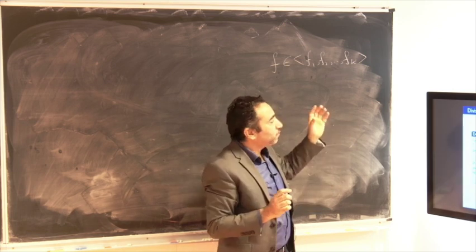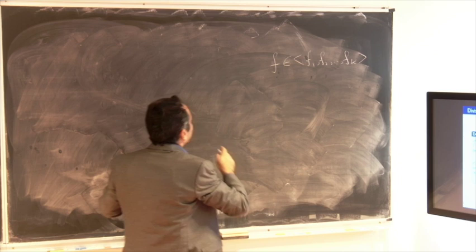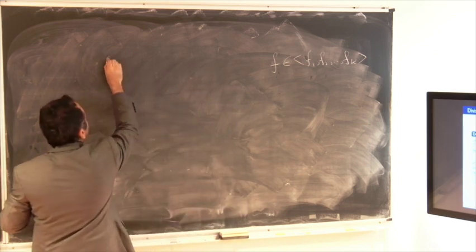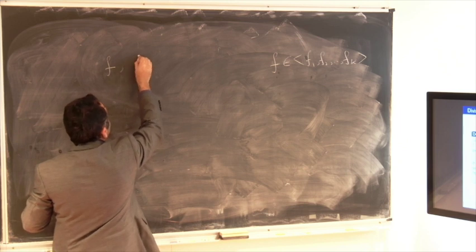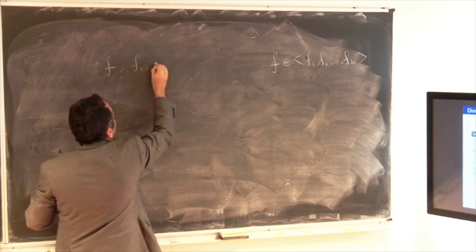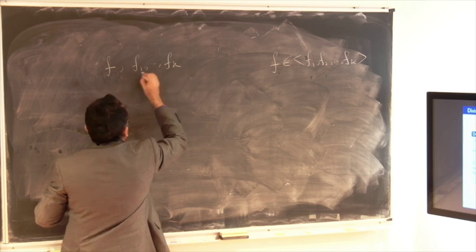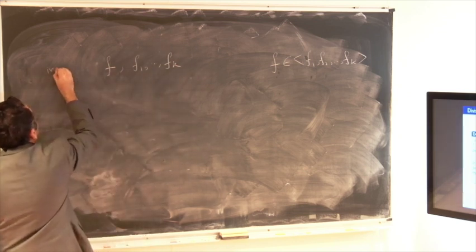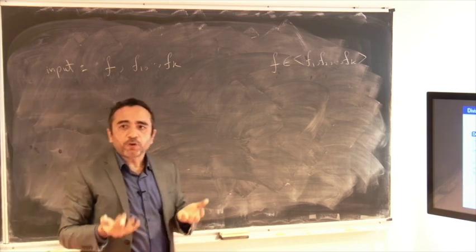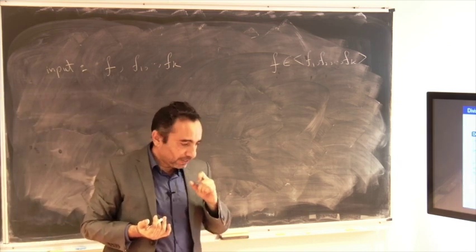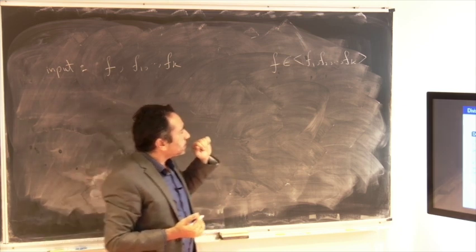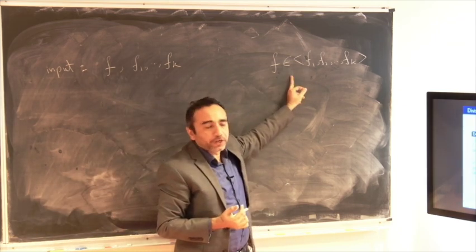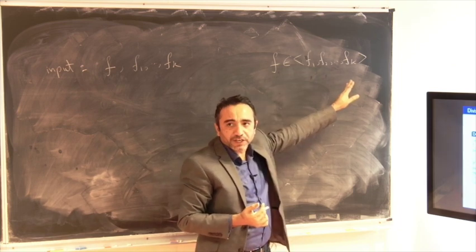Okay, so what is the input? The input is we are given some f and some set of polynomials f1 up to fk, and this is our input of the division algorithm. And what would be the output? Output means that we need quotients. But in this case we are not dividing one polynomial with the other one, we are dividing one polynomial with a set of polynomials.